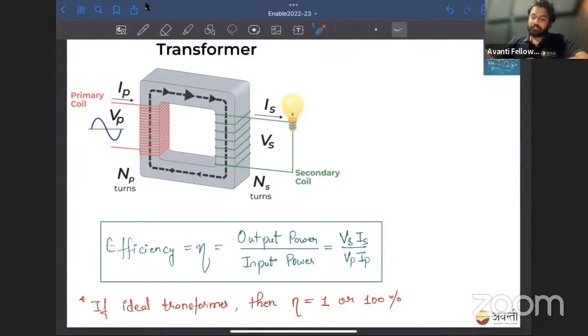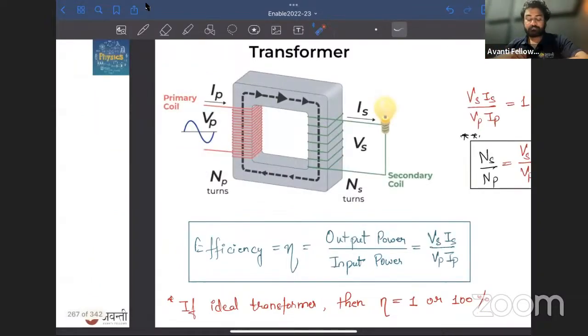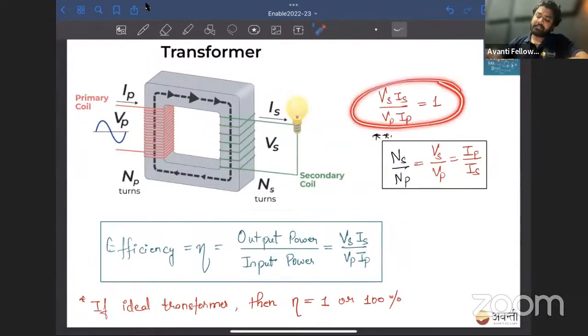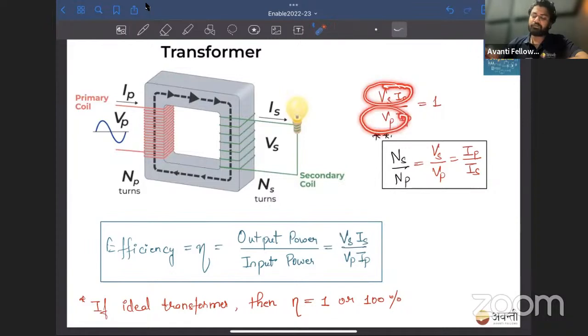So one more formula you need to know. If efficiency is 100%, then VS IS upon VP IP, that is power output upon power input, will be equal to 1. So from here, I can say VS upon VP is equal to IP upon IS.